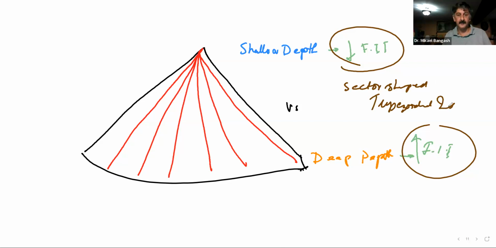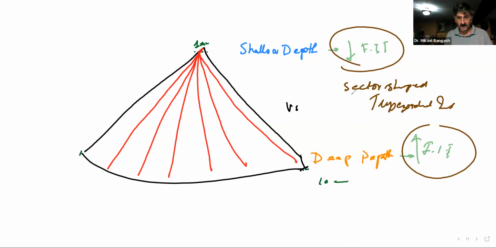Because what do we have in a sector shape? Up here, the image may just measure, let's say, 1 millimeter. It is pointed. Whereas down here it may measure 10 centimeters.